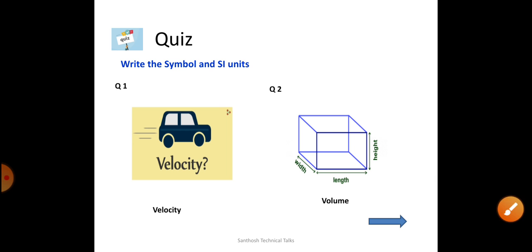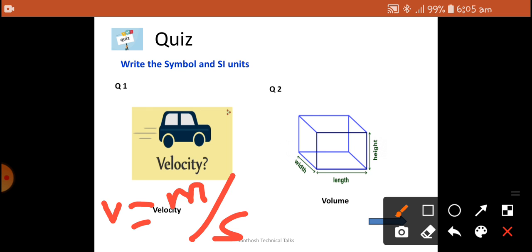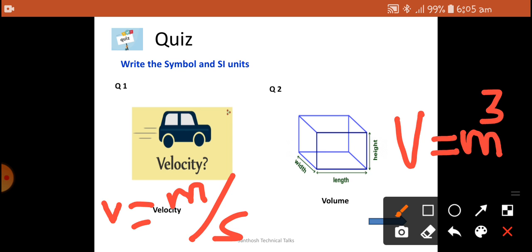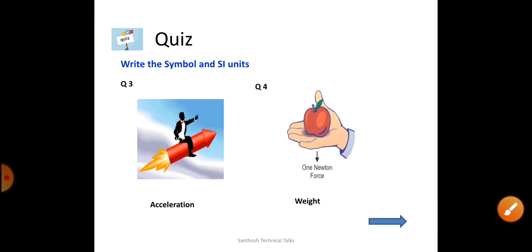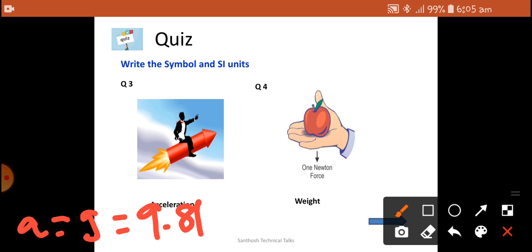Let us see. The velocity is denoted by small v, and its SI unit is meter per second. And this is the volume, it is denoted by capital V, and it is in meter cube. Next, it is an acceleration, either a or g. It is generally acceleration due to gravity, 9.81, in meter per second square.